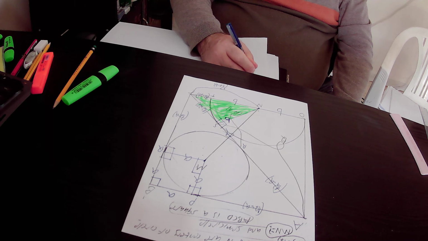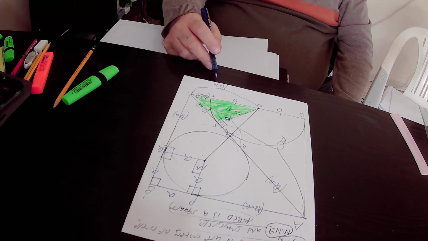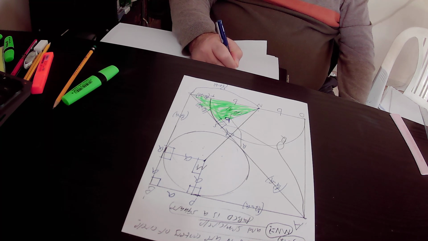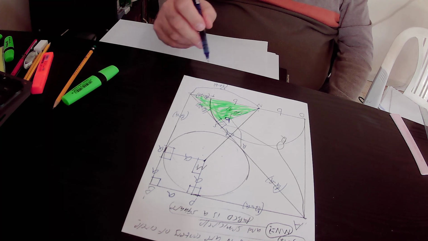And we already found out that NC is equal to 2F minus B, so NC square will be equal to 2F minus B square. That equals NS square.